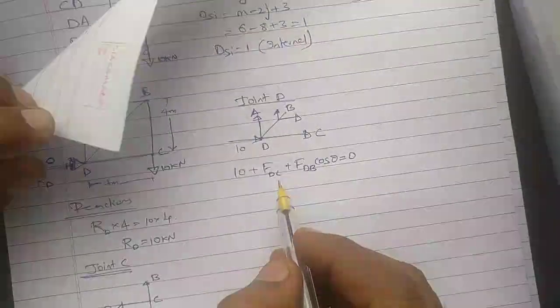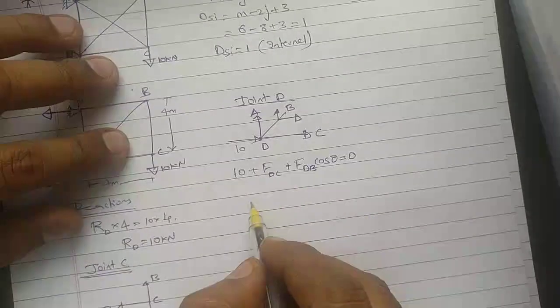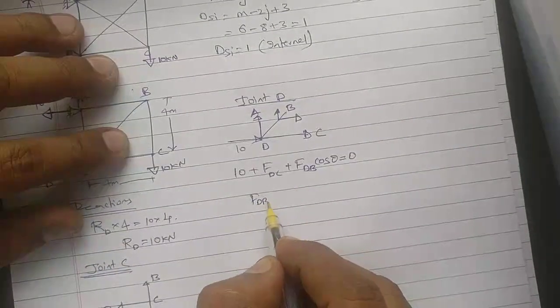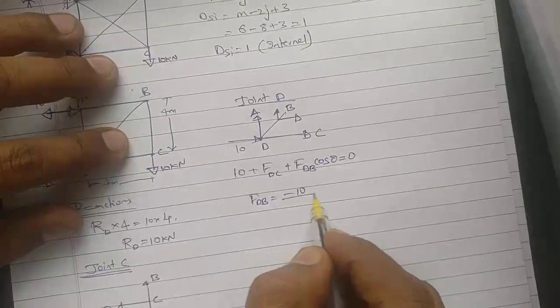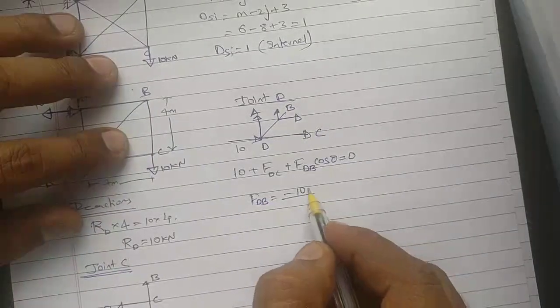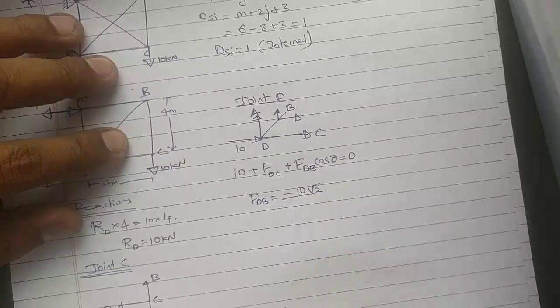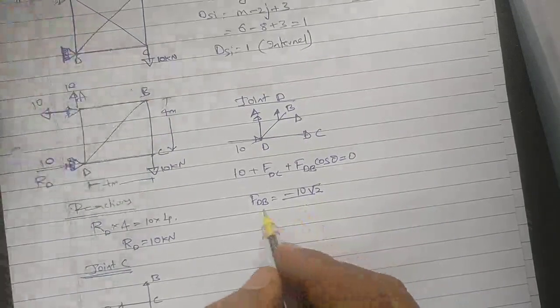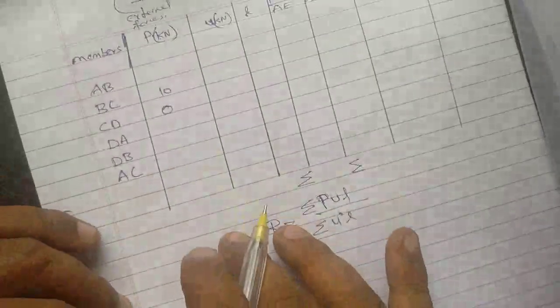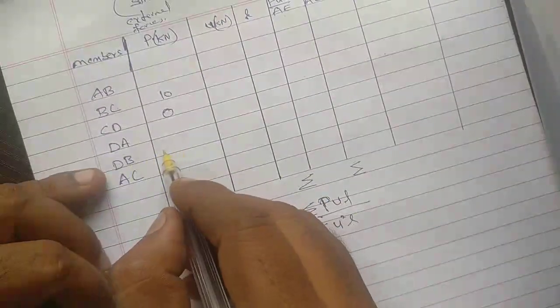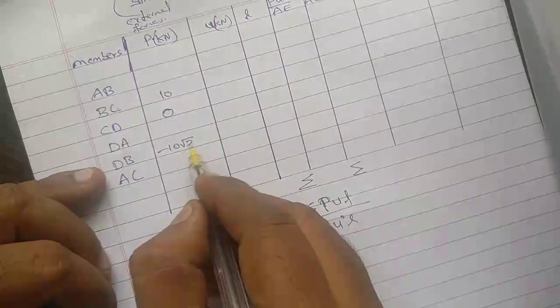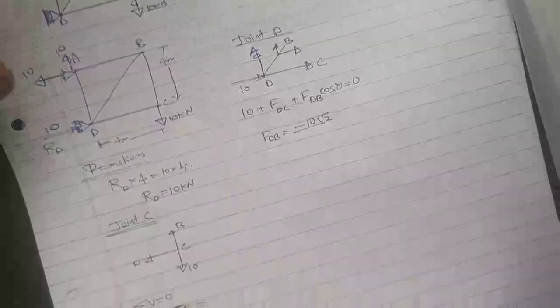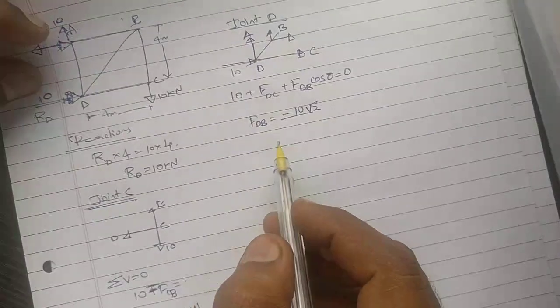FDC is 0. So FDB is equal to minus 10 by cos theta, 1 by root 2 becomes root 2. Minus 10 root 2. FDB is minus 10 root 2.